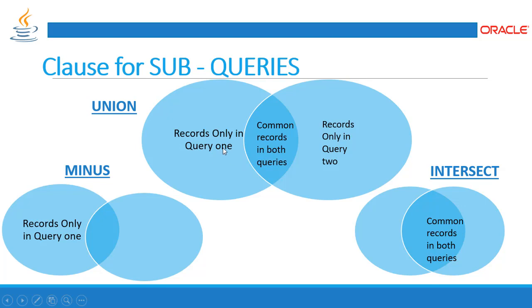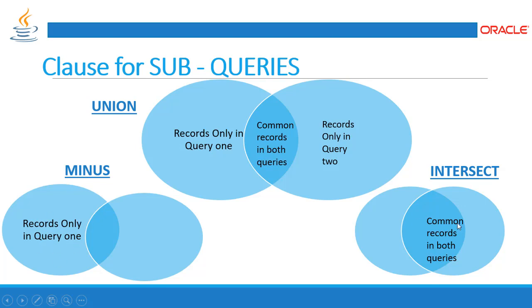It shows records only in query 1, records only in query 2, and it will also display the common records in both the queries. So basically it's merging the records of two tables. With the help of the minus clause, records only in query 1 will be displayed.